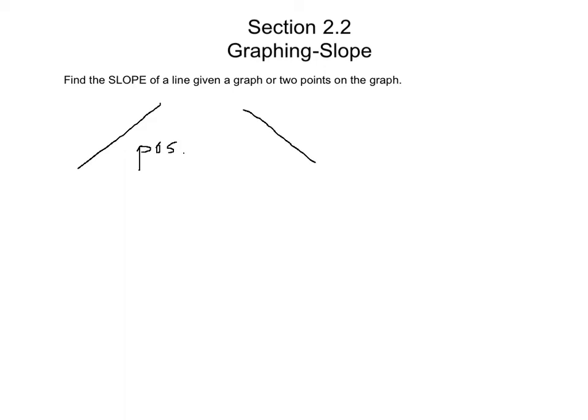If a line is going down, the slope is negative. If a line is going up like that, it's a very positive slope. So that gives you a sort of qualitative idea of what slope is all about.